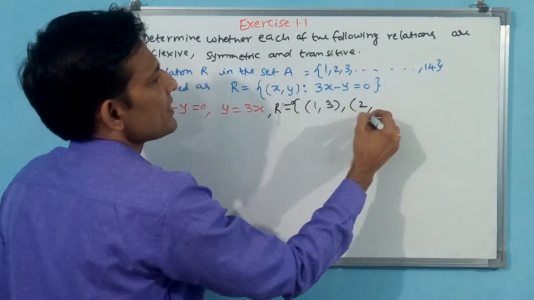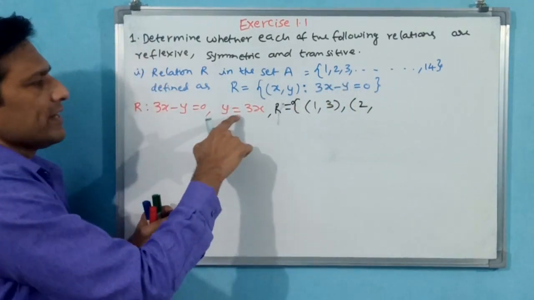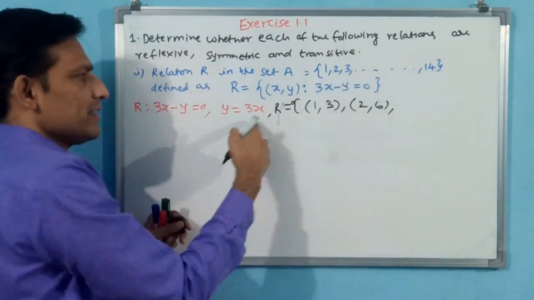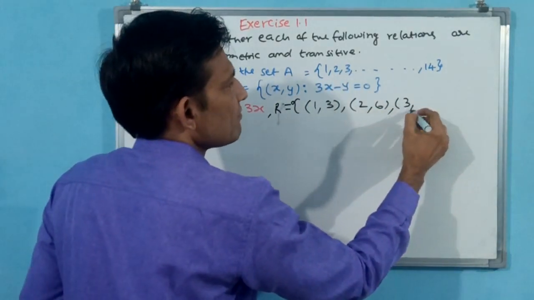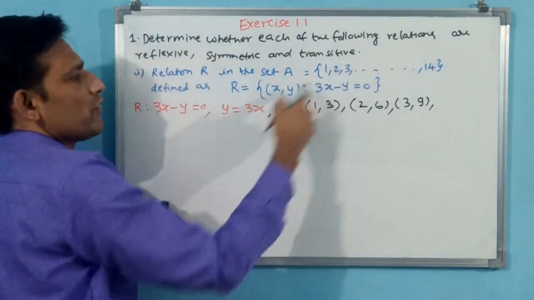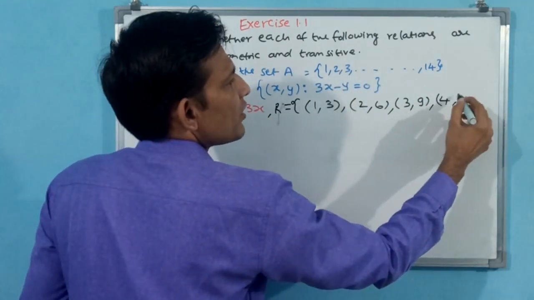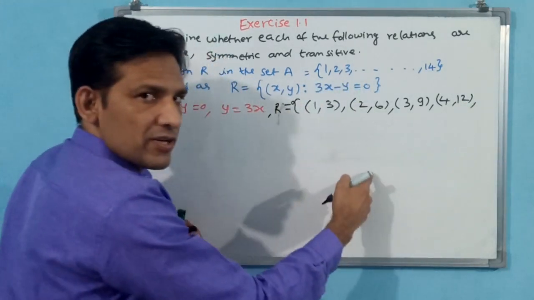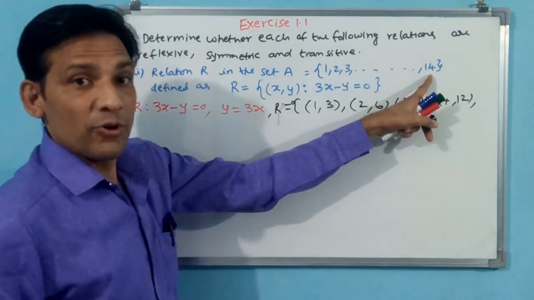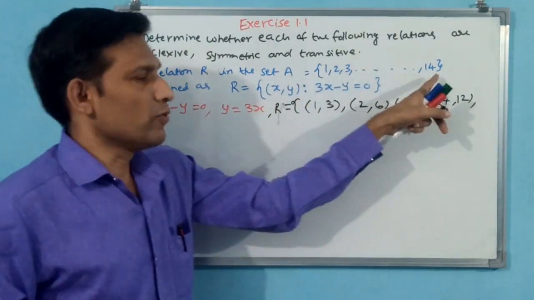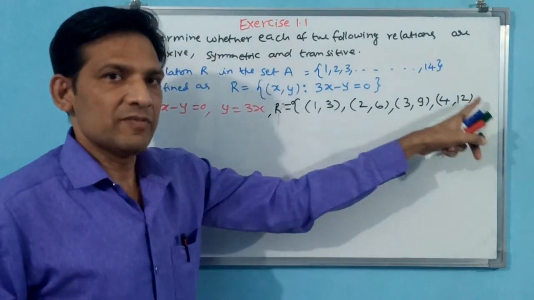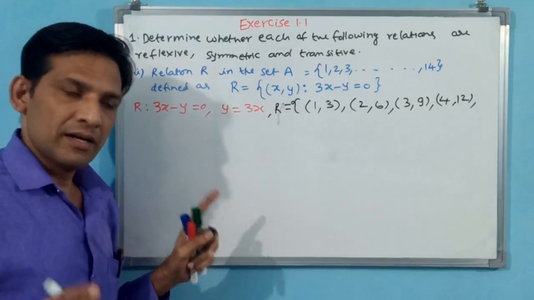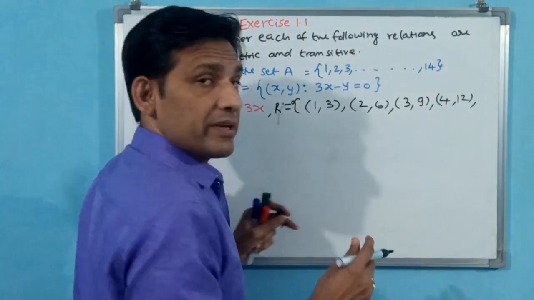Now we take the second element, 2. 3 into 2, 6 is going to come. 3 into 3, 9. 4 into 3, 12. 5 into 3, 15. But is 15 there? No. A is from 1 to 14 only. 15 is not there, so you should not take 15, and you should not take 0 also. We have to be very careful.